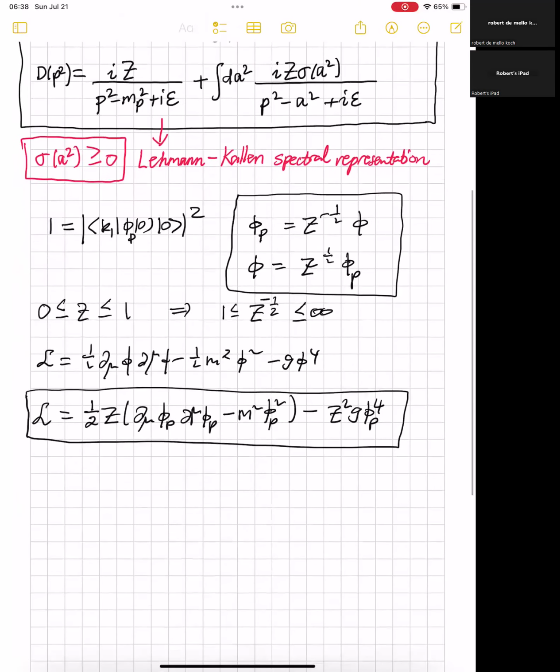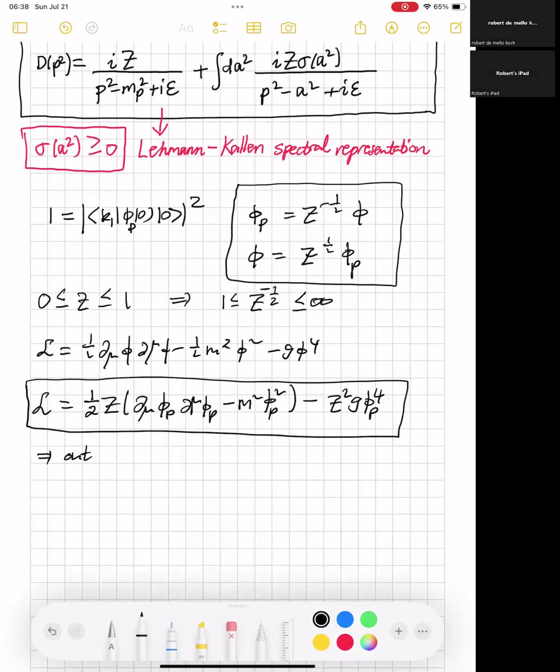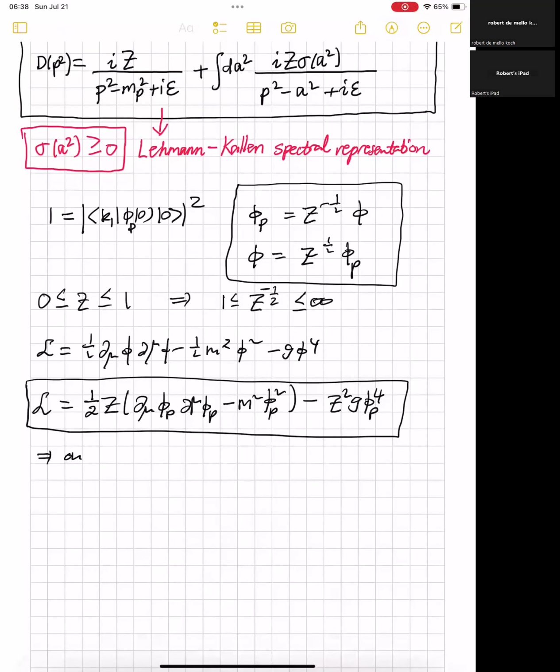Good. So what you see now is that our theory has 3 parameters. These are Z, m, and g.